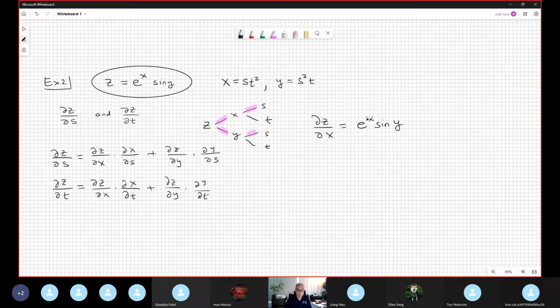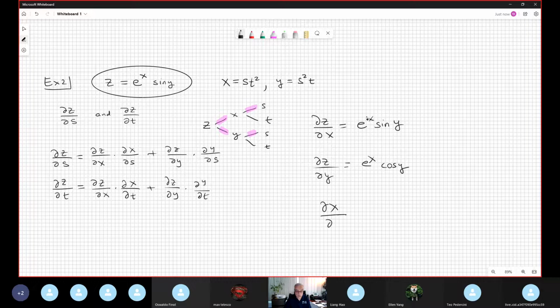Okay, now partial z with respect to y is, in that case, the variable is y, and x is a constant. So e to the x is a constant, and the derivative of sine is cosine. Cool.